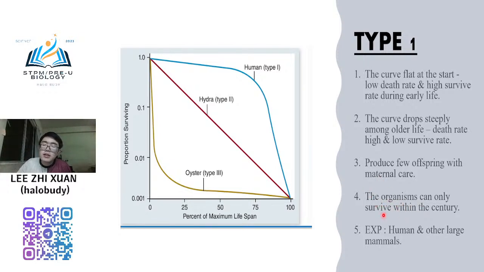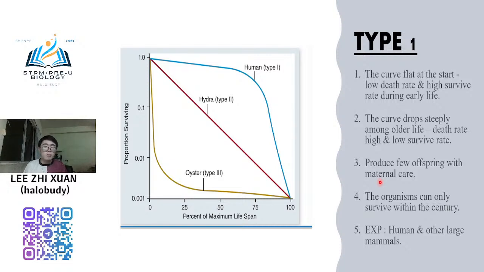And then this kind of organism only survives within a century, meaning normally within 100 years. Like humans, nowadays surviving until 80 years old is already a very high lifespan, right?